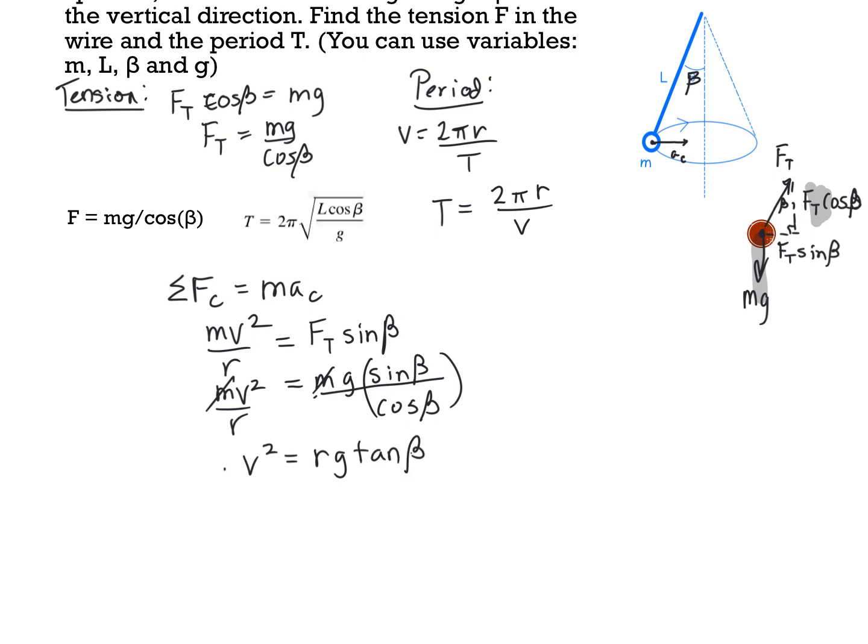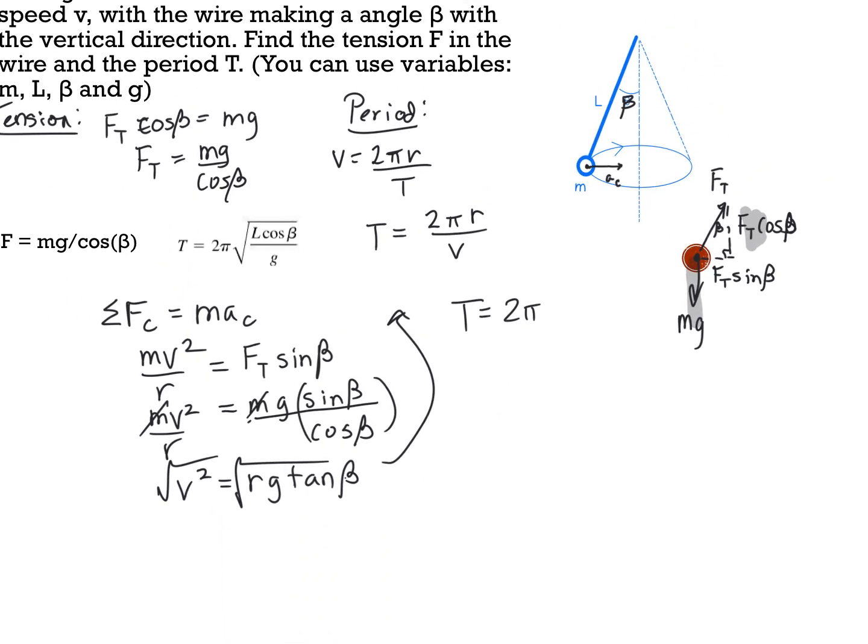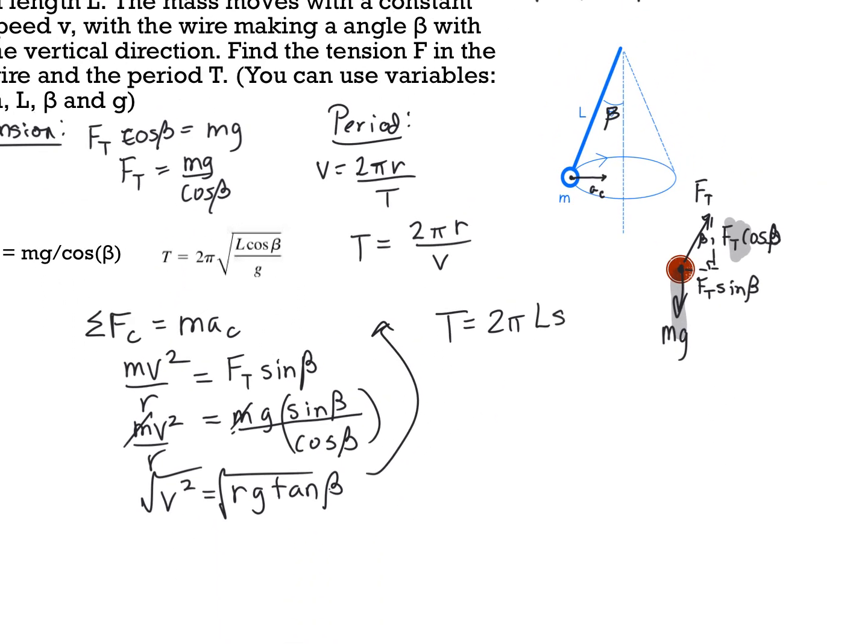So now we just have to take the square root of both sides. So we have V. So let's plug this in up here. So we have T equals 2 pi R, we said was L sine beta, divided by V, square root of RG tan beta.